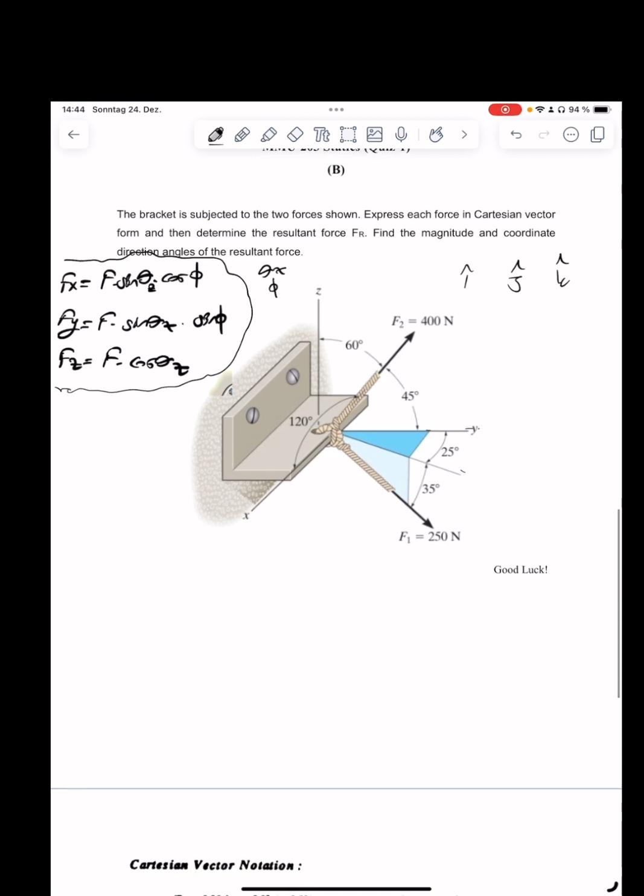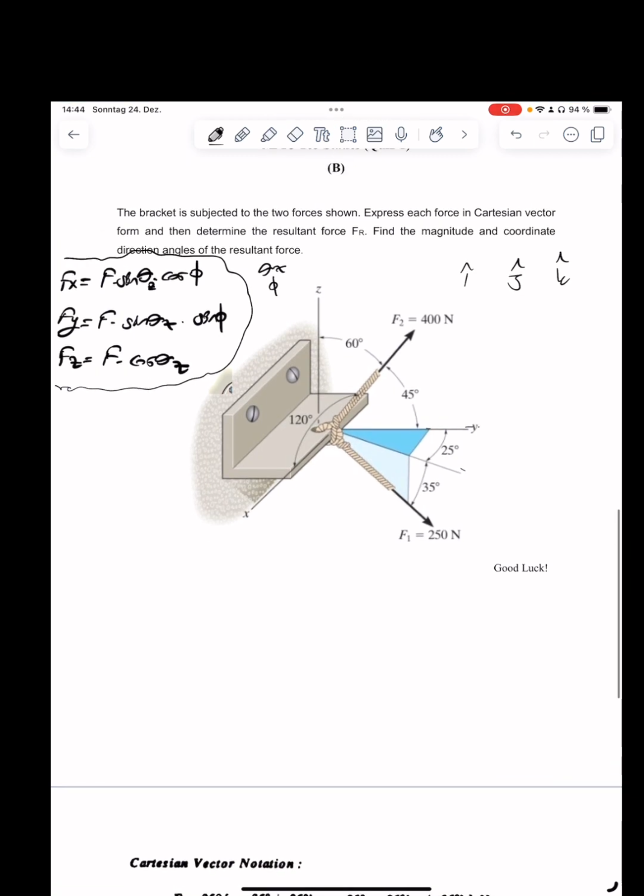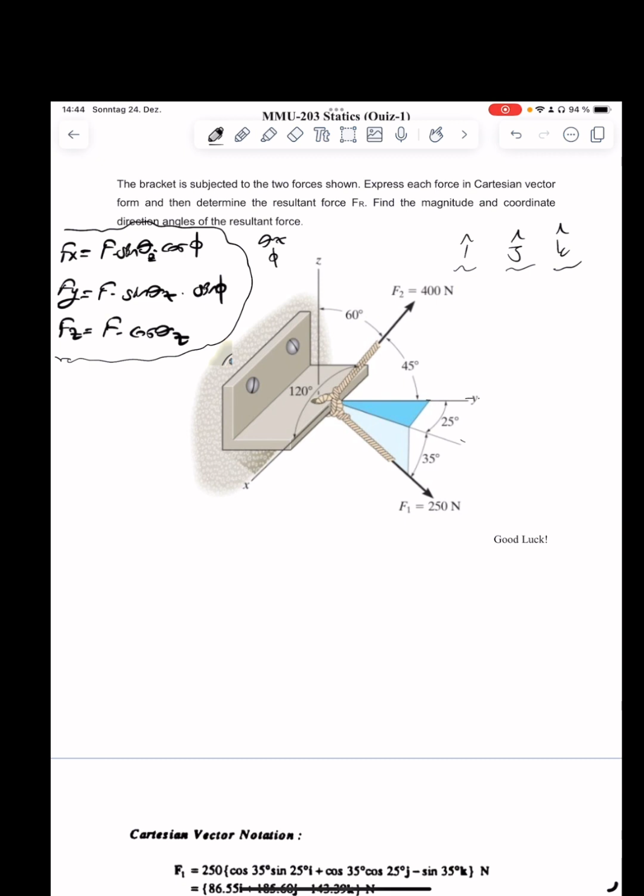So we can call them the i, j, k form, and we can sum up F1 and F2 to find the resultant force F. So we can start.